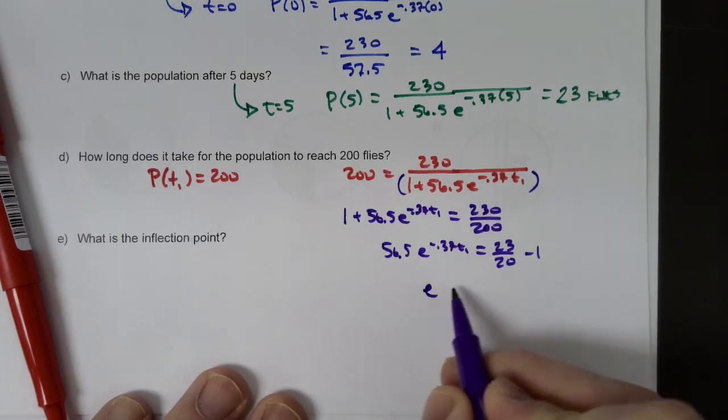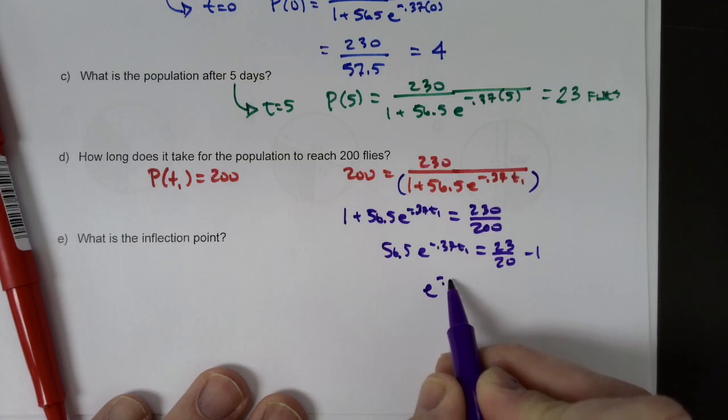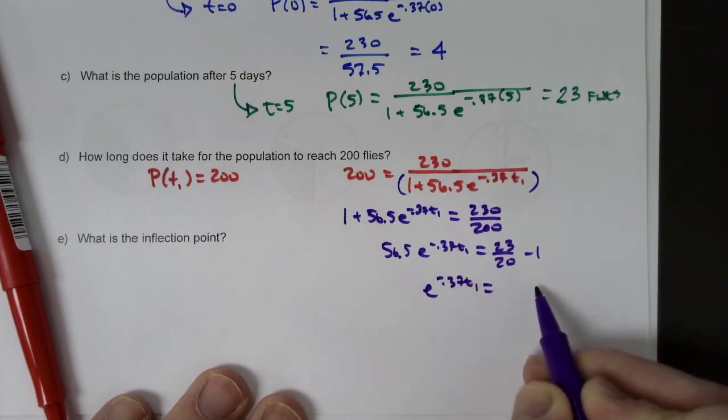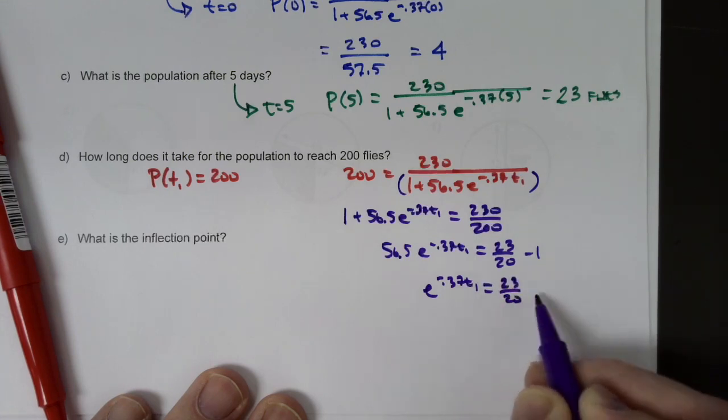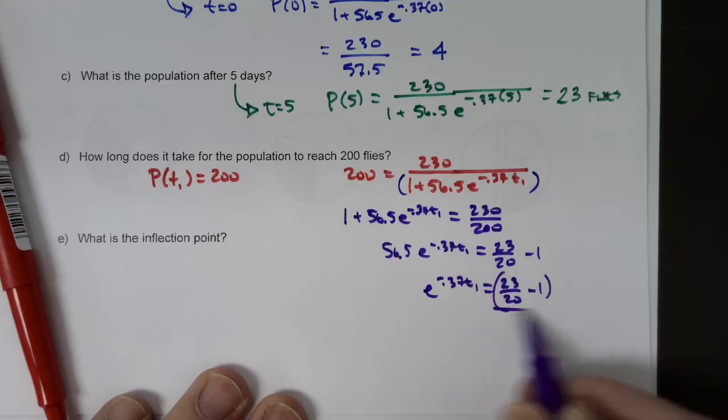Let's go ahead and write this as e to the negative 0.37 t1 equals this 23 divided by 20 minus 1. All of this gets divided by 56.5.